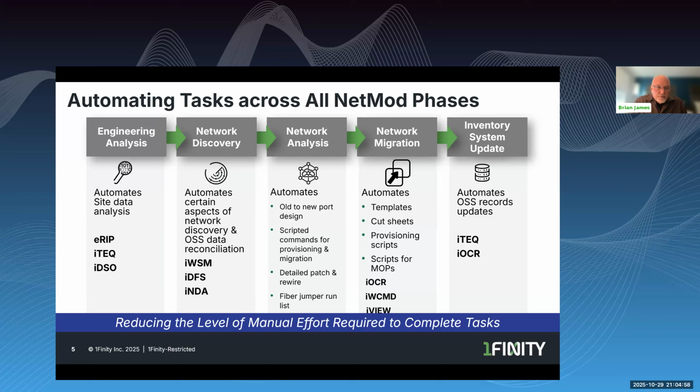The network discovery automates certain aspects of the network and discovery, the OSS data reconciliation. We utilize the IWSM tool, which again is the intelligent wavelength stitching tool. The IDFS tool is the discrepancy report.